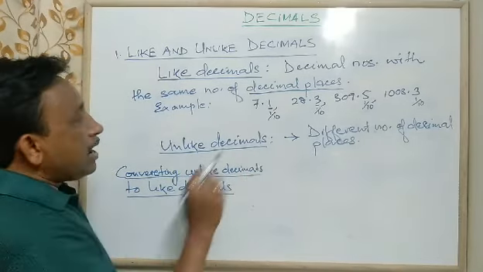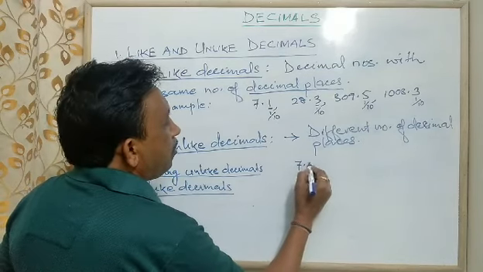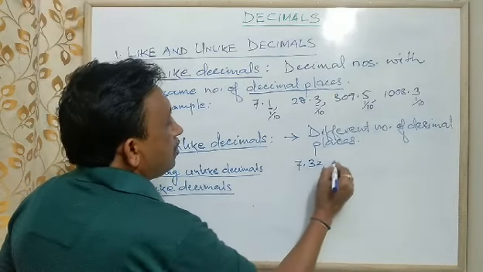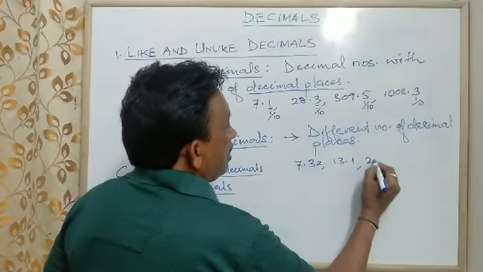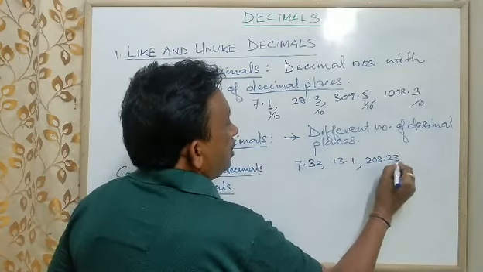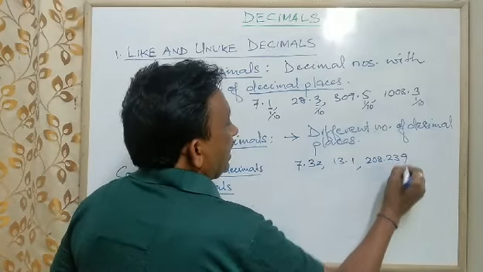Now unlike decimals means a set of decimal numbers having different numbers of decimal places. Say for example, I take 7.32, 13.1 and suppose 208.239. Now in this case you see the decimal places are all different.